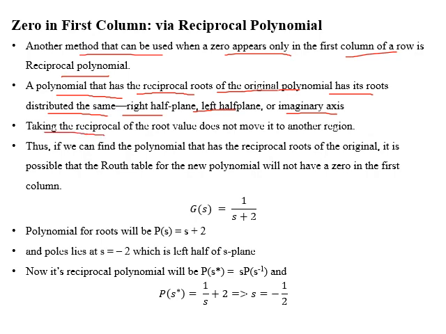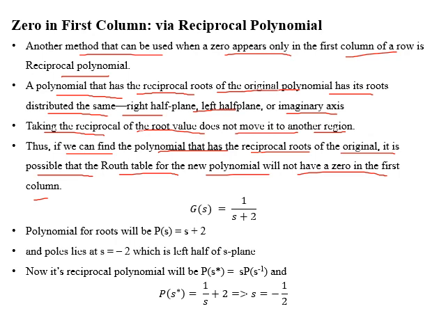Taking the reciprocal of the root value doesn't move it to another plane or region. Thus, if we find a polynomial that has the reciprocal roots of the original polynomial, then it is possible that we may avoid 0 in the first column of the Routh table.